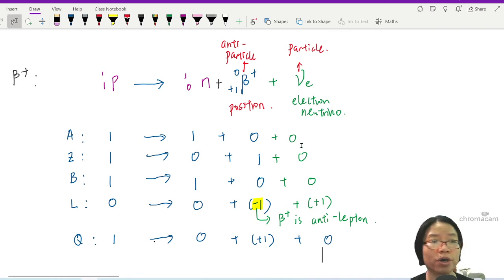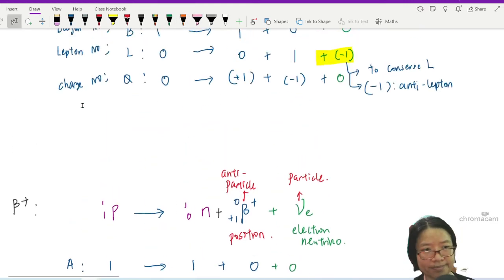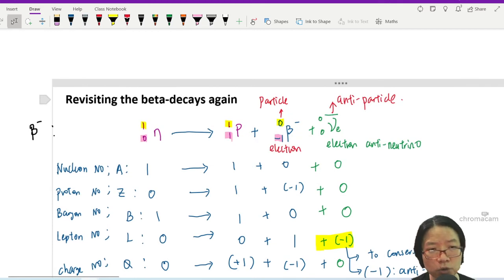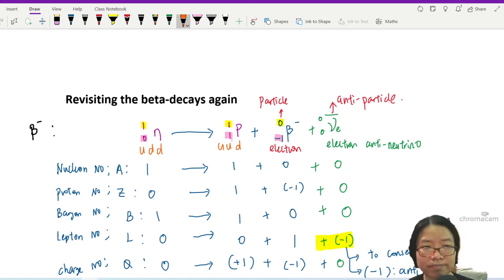Another thing that I should point out is that there is some quark conversion happening within our proton and neutron. So for example, a proton is up, up, down. But a neutron is up, down, down.